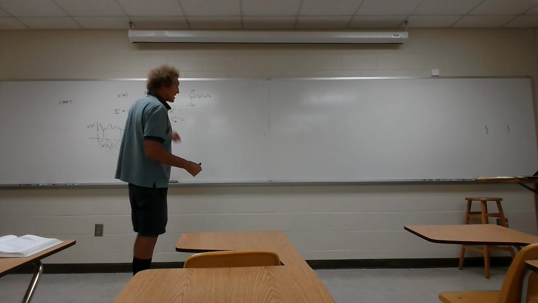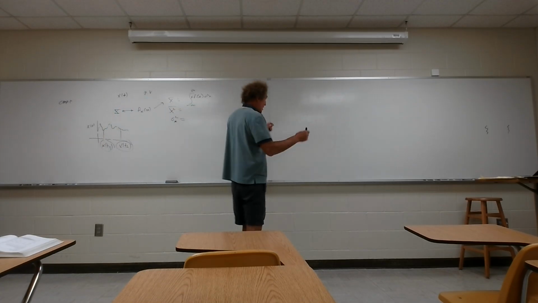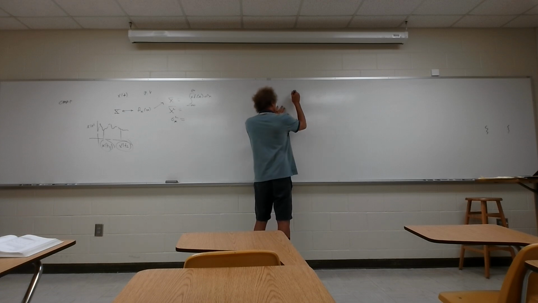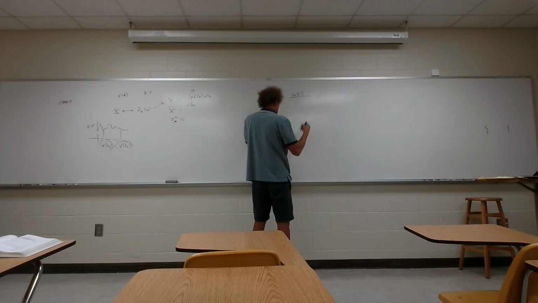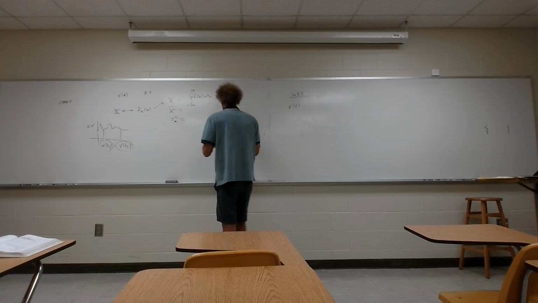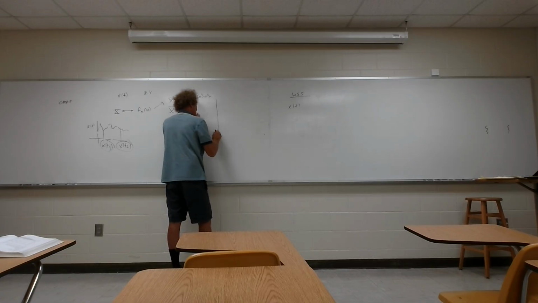Now, when we talk about autocorrelation functions, usually they assume wide sense stationary signals. That's all, and you'll see this. But they don't always say that. They start by saying if we have a process x of t, and we want the autocorrelation, I better show you this. I didn't talk about this yet.